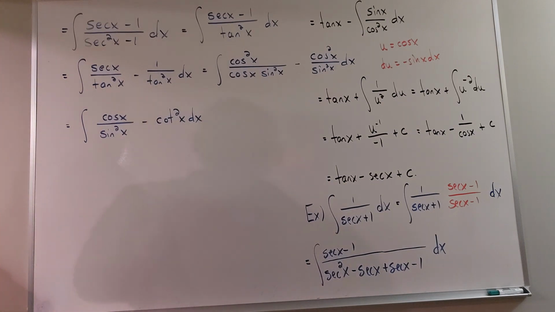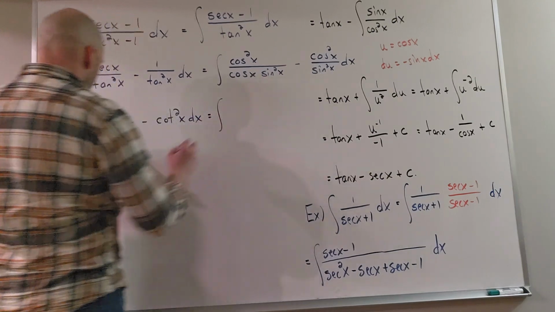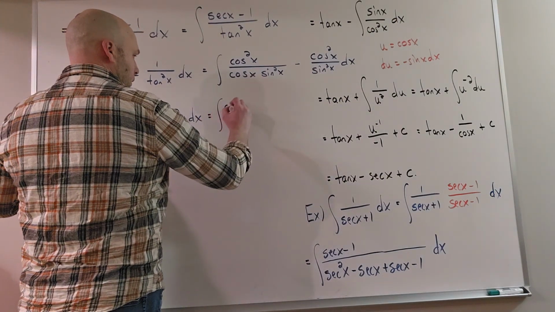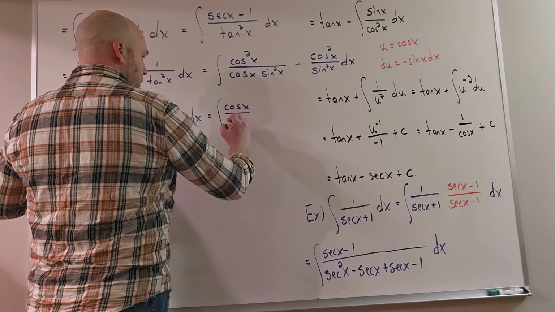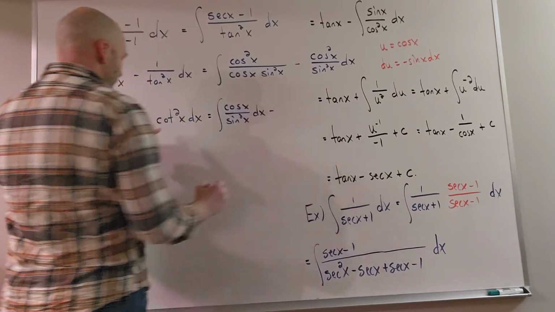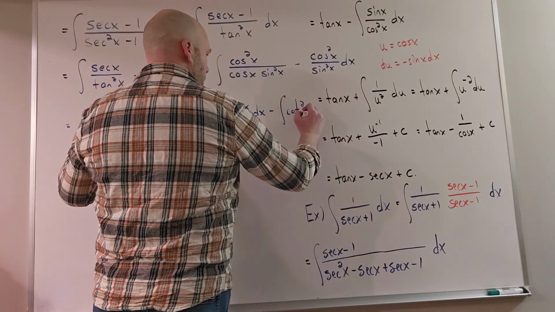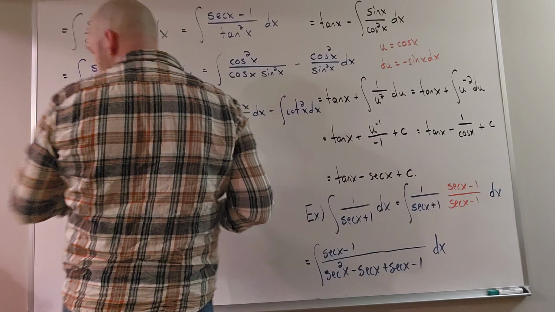Okay, so let's talk about each one of these. Let's separate the integral, because we'll integrate these differently. So first one, the integral of cosine over sine squared, and then minus the integral of cotangent squared dx.